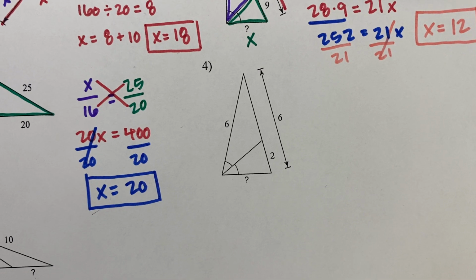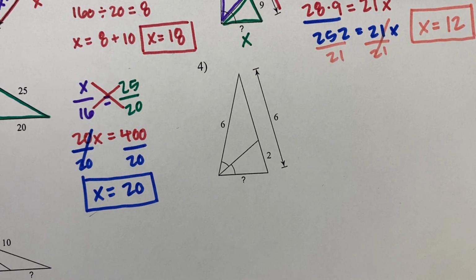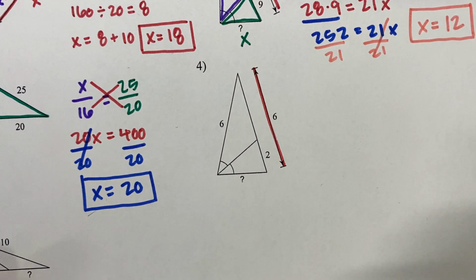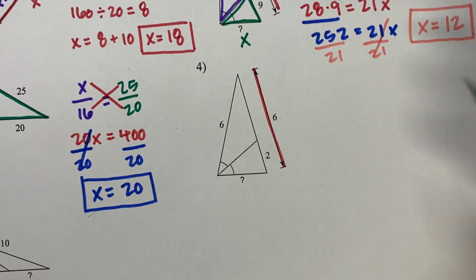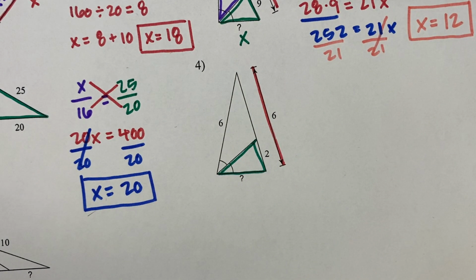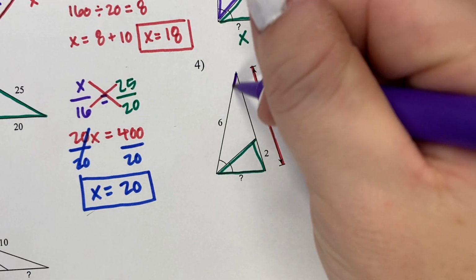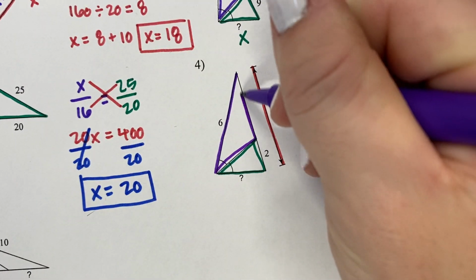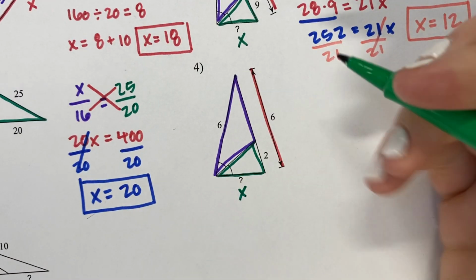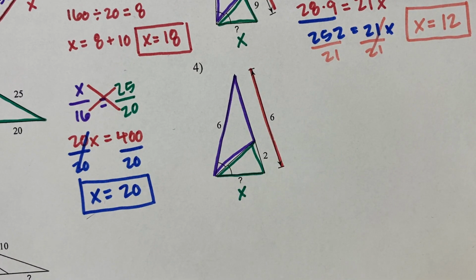Okay, so let's do the same thing for number 4. Again, it gives me the whole side of the triangle, and then it gives me a side of, we'll just call this guy my green triangle, and this guy my purple triangle. What we're actually looking for is the missing side on the green triangle, but we're also missing a side on the purple triangle.